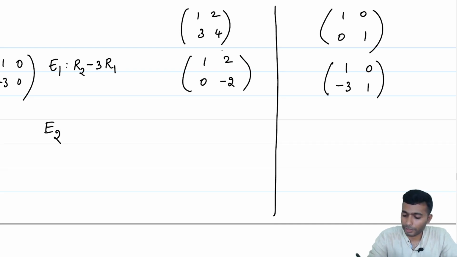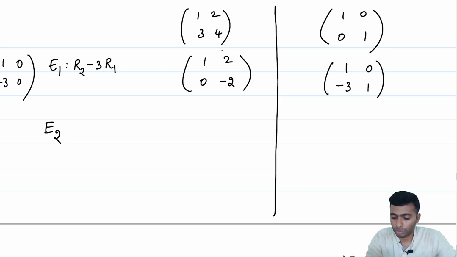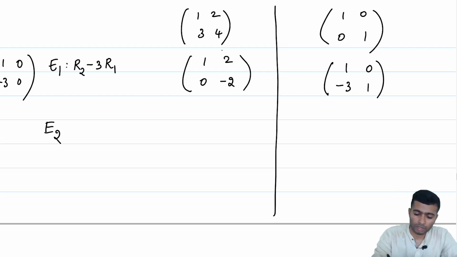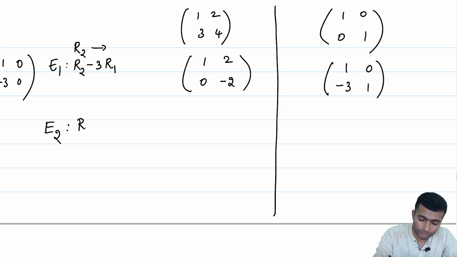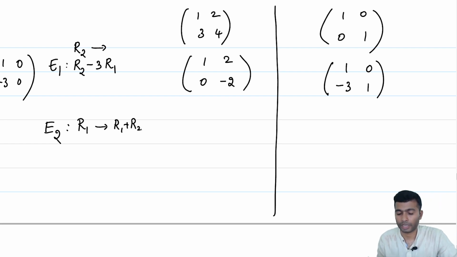E2 is, we will try to make the entry above minus 2 to be 0, you just add. So, this is on R2. So, R2 is changed to this one. Now, the first row is changed to R1 plus R2, just adding again.